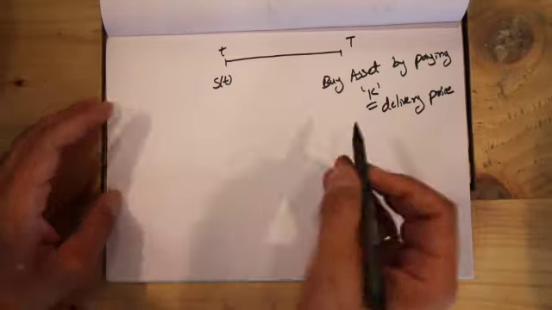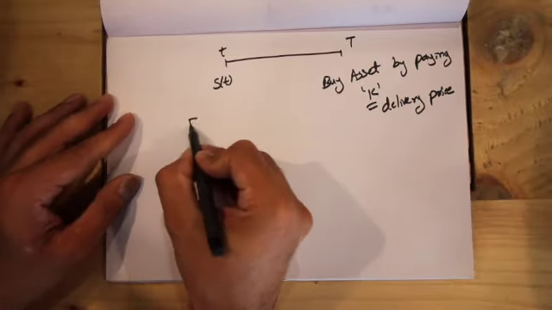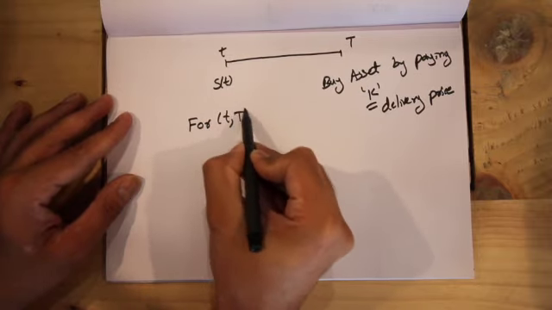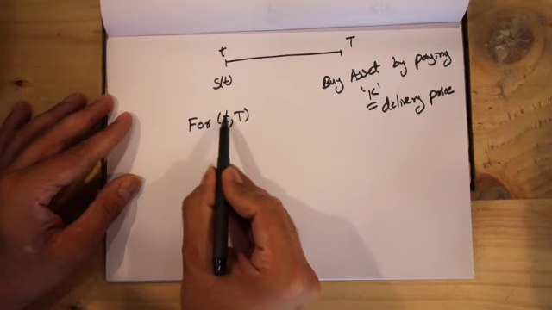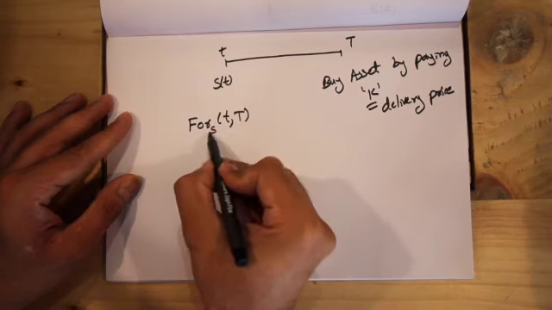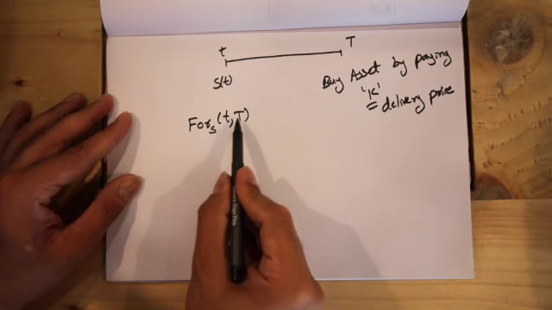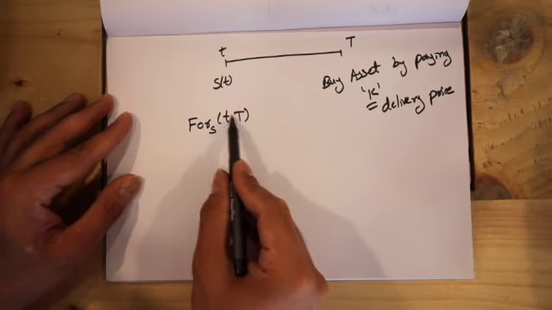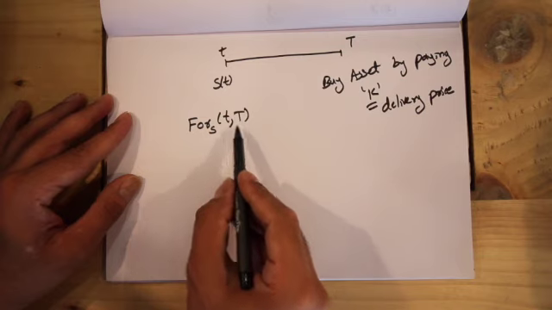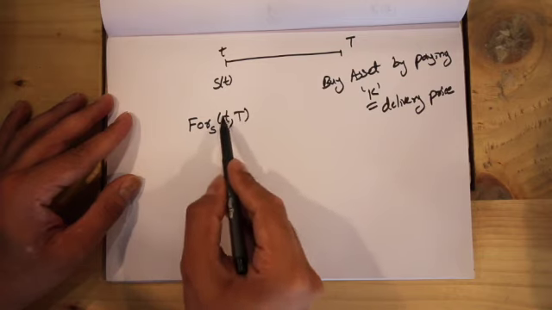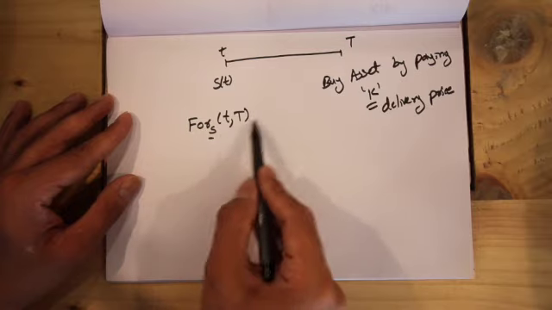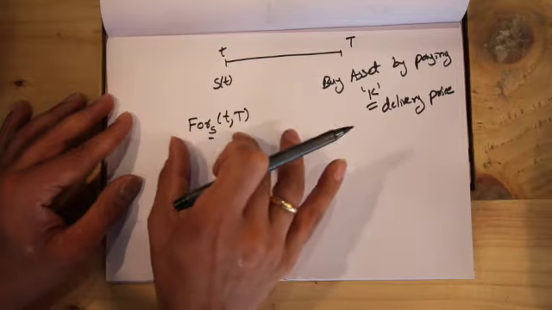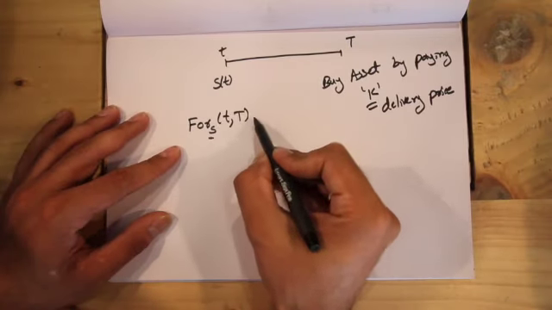Okay, so now the forward price is given by F(t, T). So basically the forward price of some asset S at time t, which matures at time capital T. The forward contract matures at time capital T, and the forward price is given by this notation.